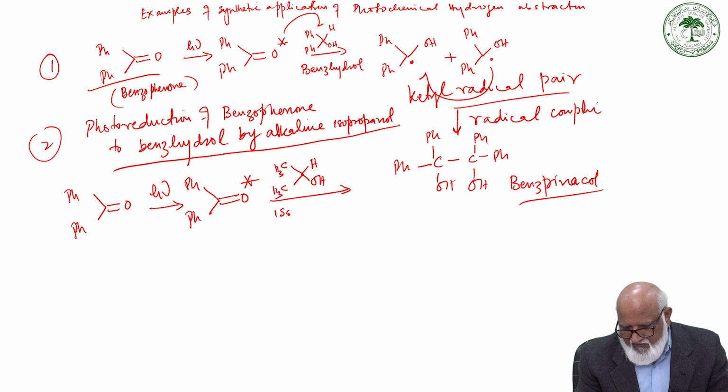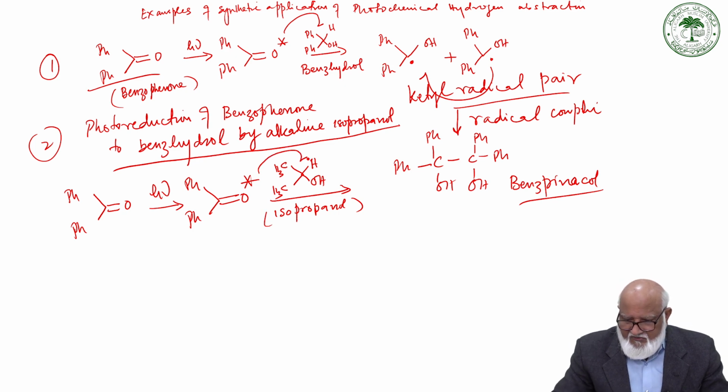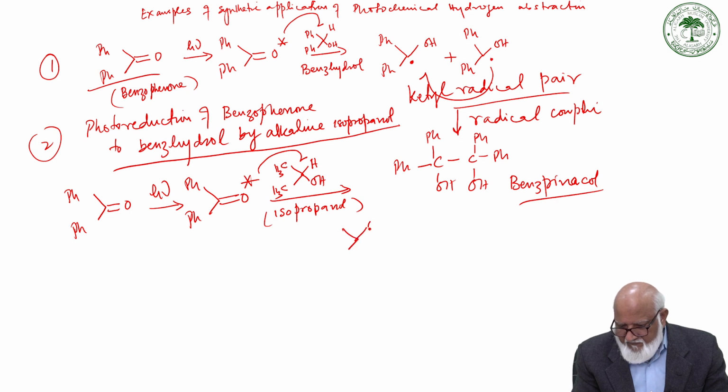This is isopropanol. Hydrogen abstraction by the excited carbonyl gives, as usual, the ketyl radical pair, Ph, plus from this one. We have already seen the first example.